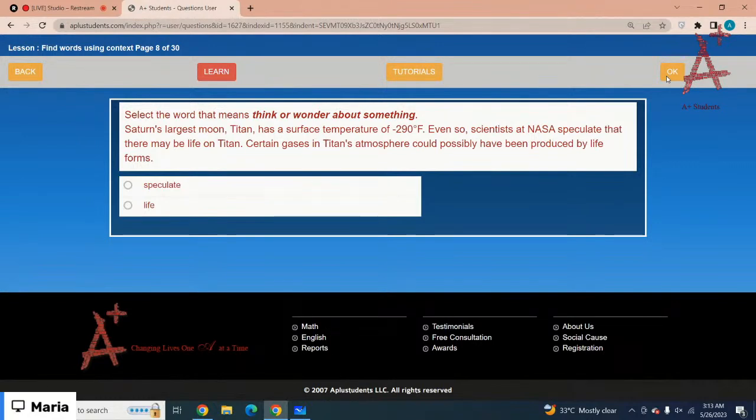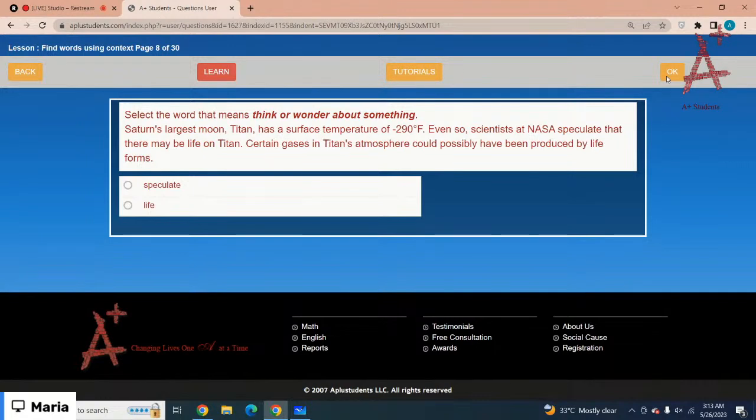Select a word that means think or wonder about something. Saturn's largest moon, Titan, has a surface temperature of negative 290 degrees Fahrenheit. Even so, scientists at NASA speculate that there may be life on Titan. Certain gases in Titan's atmosphere could possibly have been produced by life forms.